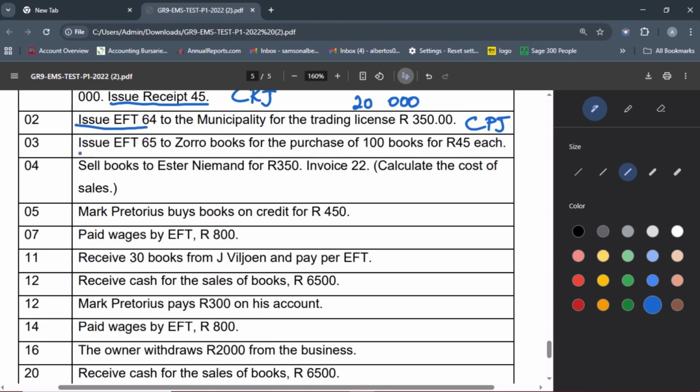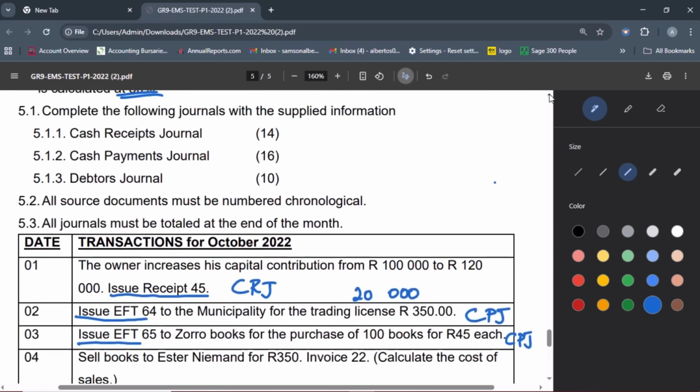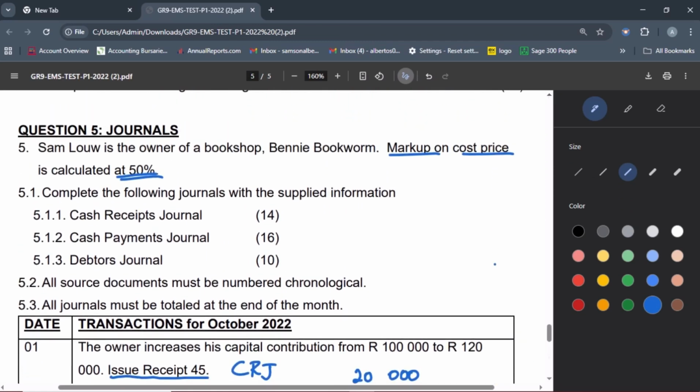And on day 3, issued again another EFT to Zoro Books for the purchase of 100 books for 45 Rand each. And we are buying. That's why we are transferring the money to Zoro Books. It is CPJ.